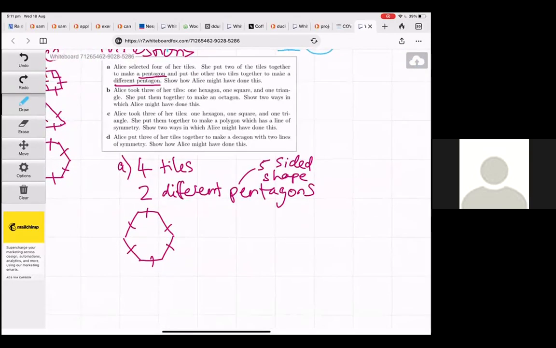I think that there actually is a way. So, how many sides does the hexagon have, everyone? 6. Okay, is that good or bad? It's kind of bad, because 6 is bigger than 5 and we're trying to make a 5-sided shape.